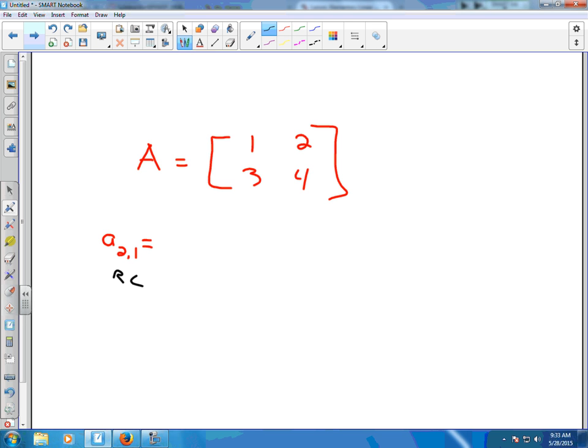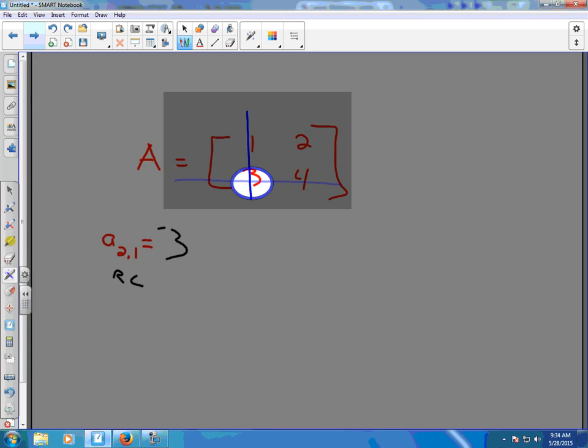So which component of that matrix is in the second row, first column? 3. This is the second row, this is the first column, so 3.